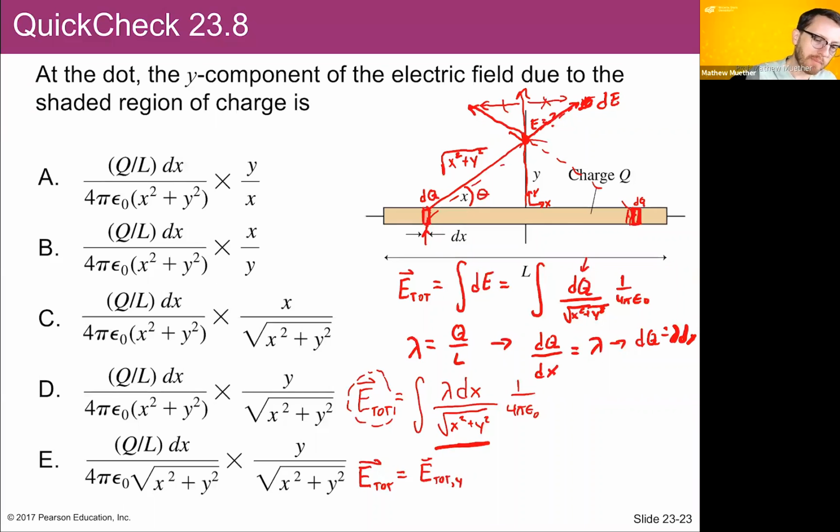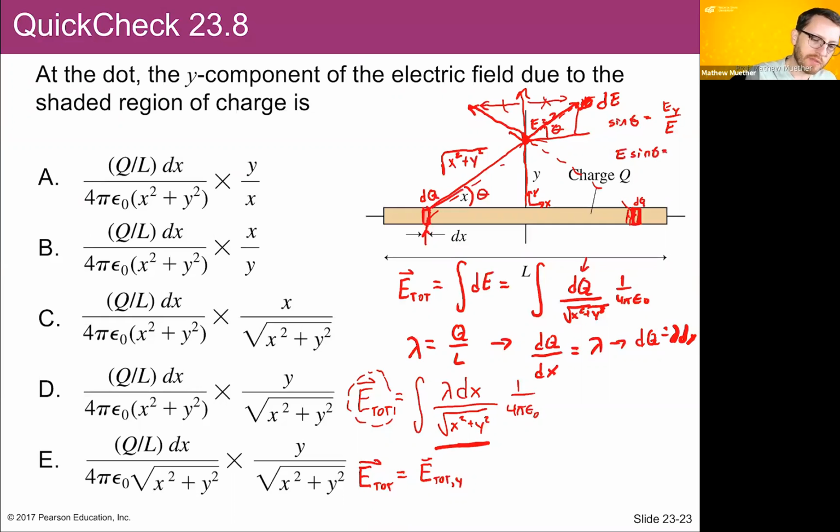Well, the y component of this electric field, I can translate that theta up here. And the y component here is going to be sine, right? Remember, sine of theta is going to be EY over the total E. And so if I just want EY, it's going to be the total electric field times the sine of that angle.